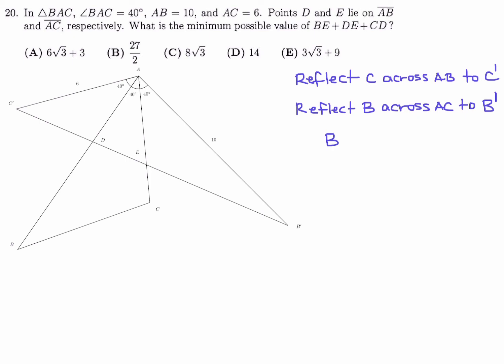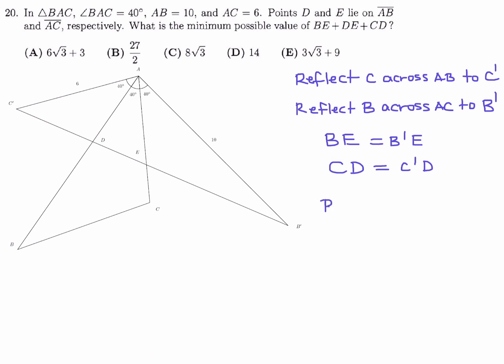And now you will see that the distance BE, which is from here to here, will be the same as the distance from B dash to E, which is the distance from here to here. And also CD, which is the distance from here to there, will be the same as the distance from C dash to D, which is from there to there.